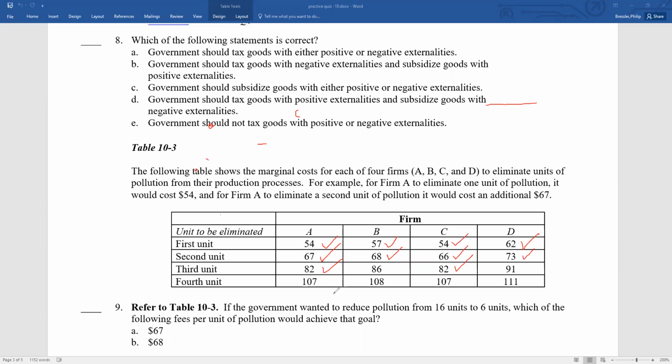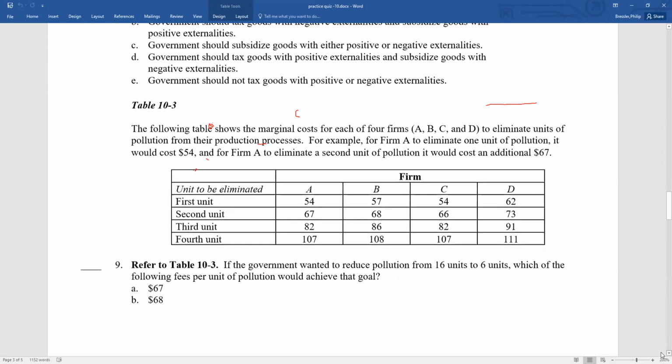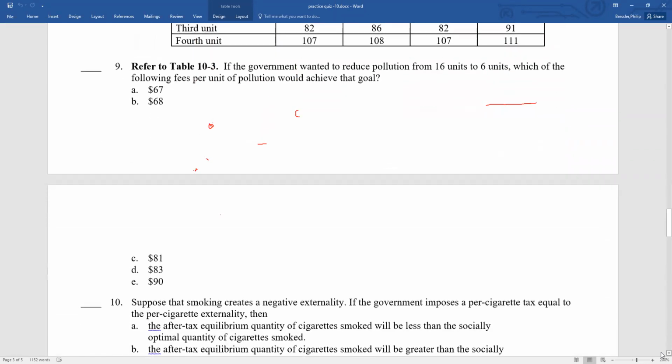Then you tally up how much you've got. If this still doesn't make sense to you, please come to the review and ask me, because this chart will be on the quiz. Once you get the hang of it, it's an easy answer, but looking at it for the first time is very confusing.